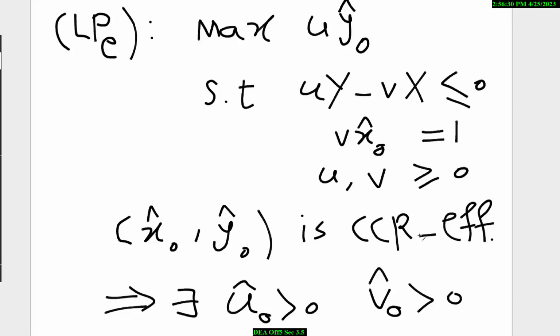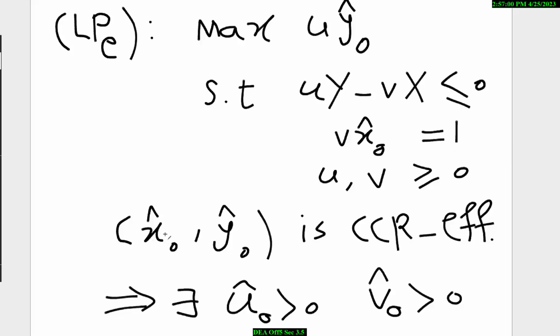We had two definitions for CCR efficiency. First, the one corresponding to the envelopment model, and another one to the multiplier model, and we proved that these two definitions are equivalent. So now we use the definition based on the multiplier form.